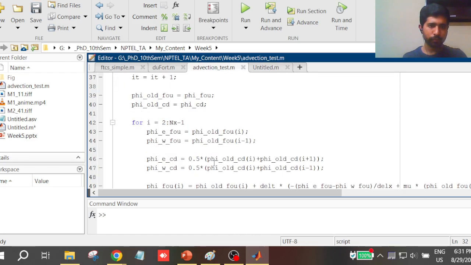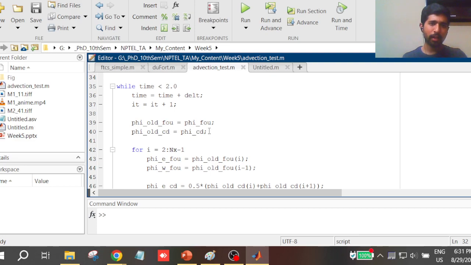As I said, we have n plus 1 and n. This old means n, the nth time step, and phi FOU is what we are calculating, that is at n plus 1. Phi old means n.